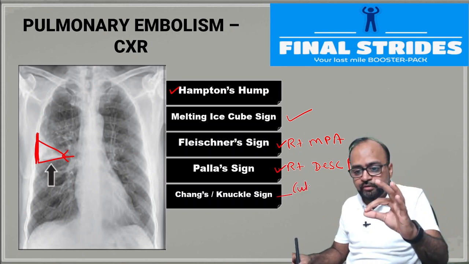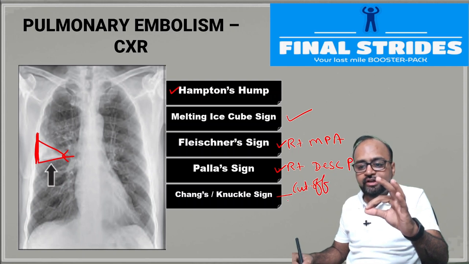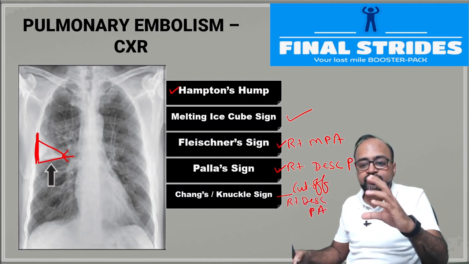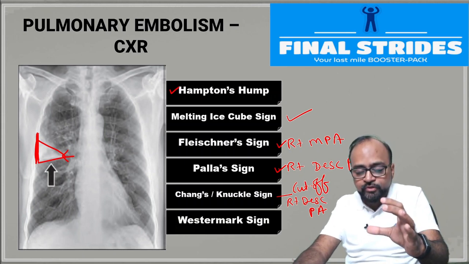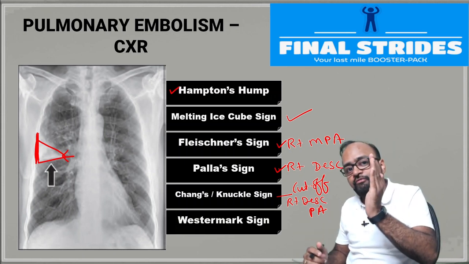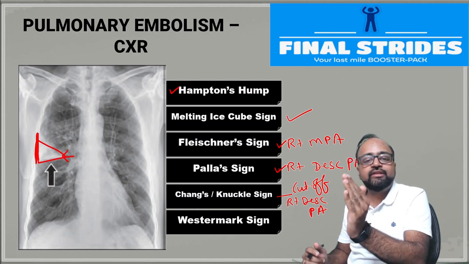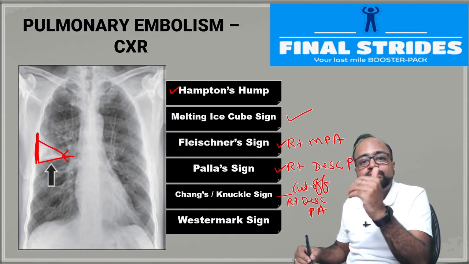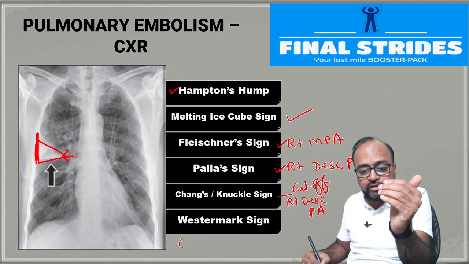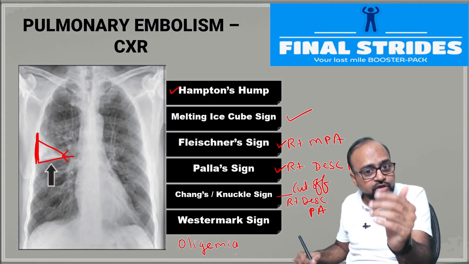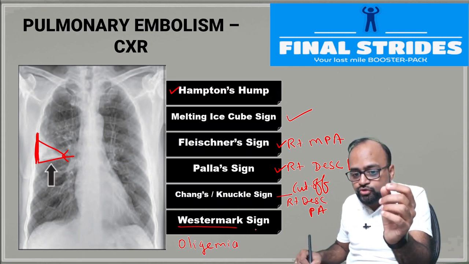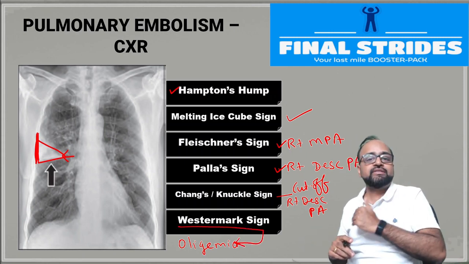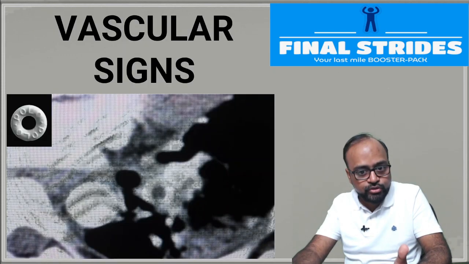An abrupt cutoff of the right descending pulmonary artery is called Chang's sign or knuckle sign. Whereas because the blood vessel has been blocked, the lungs distal to it are not going to receive blood supply, so there will be a focal oligemia. This focal oligemia or decreased vascular markings in the affected portion of the lungs is called the Westermark sign. So these are various named signs that you must know.